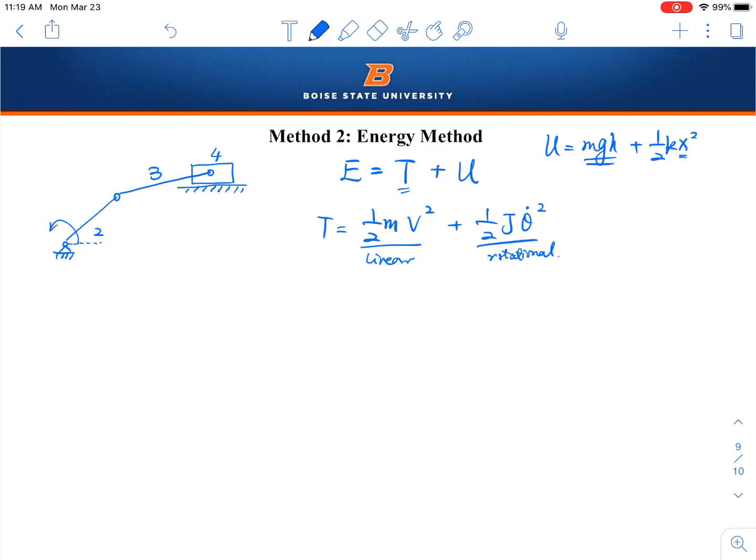In this case, let's look at the crank slider in this system. Because we ignore gravity and there is no spring in the system, for this problem your U is just 0. That's very special. In some cases you might have gravity in your system, so you have to include mgh.